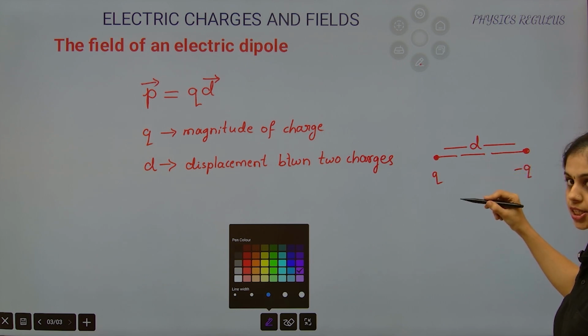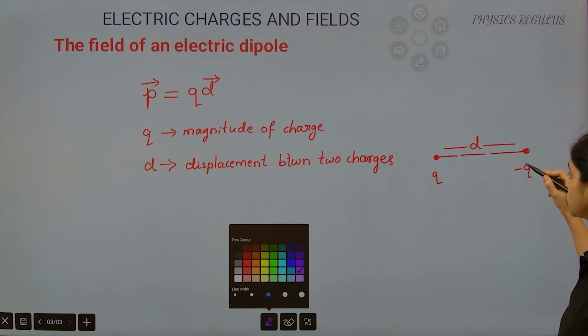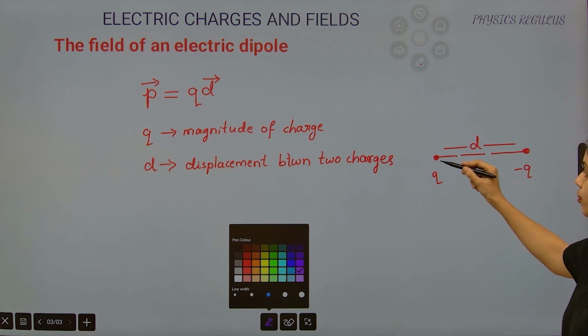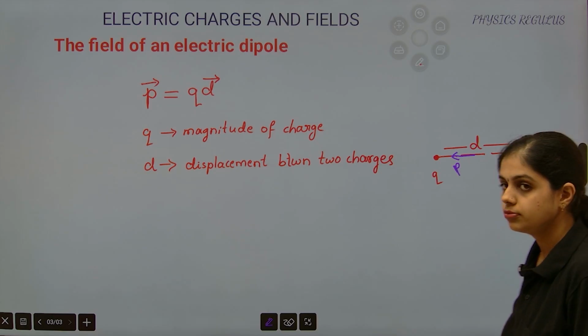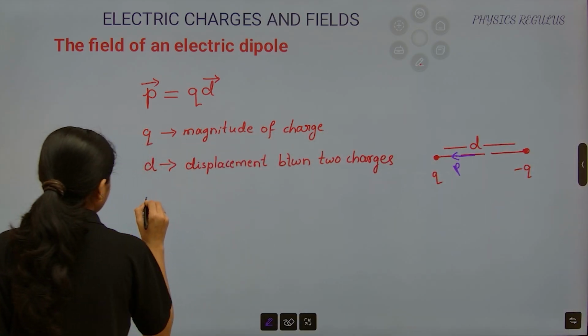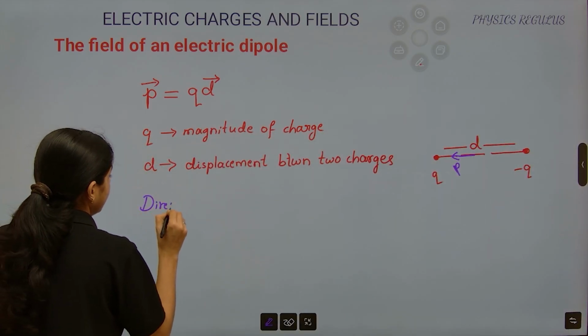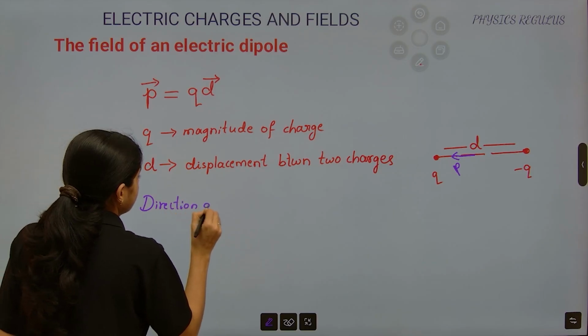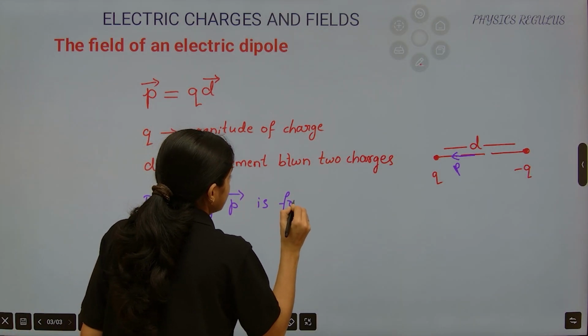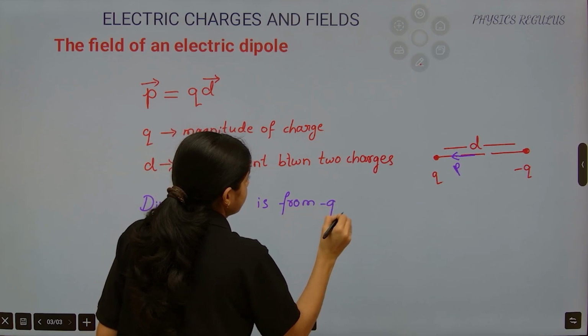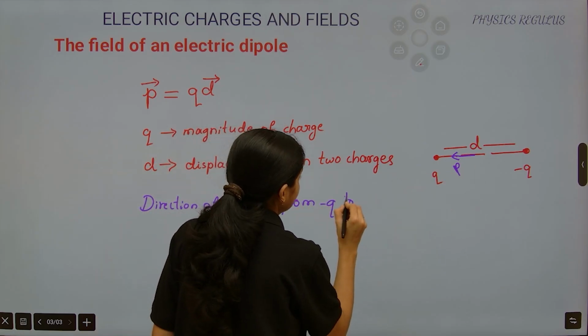Hence, the direction of dipole moment is also from negative charge to positive charge, that is, from minus Q to plus Q. This is the direction of dipole moment P.